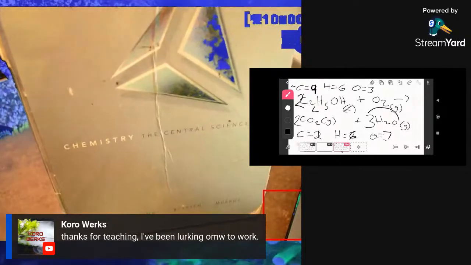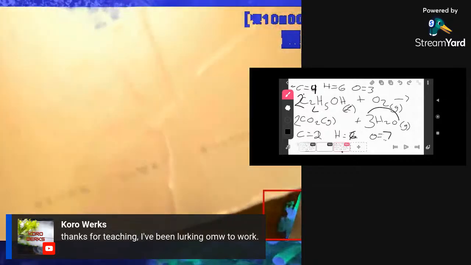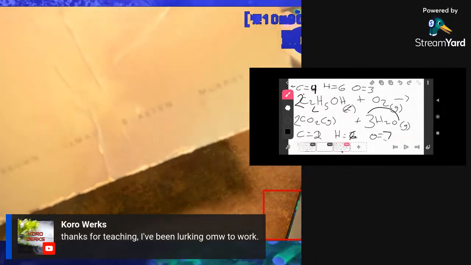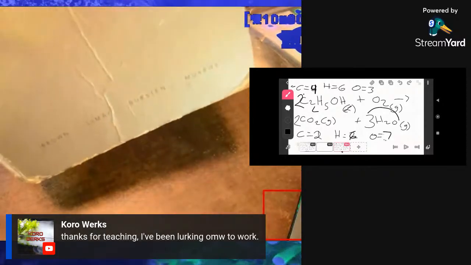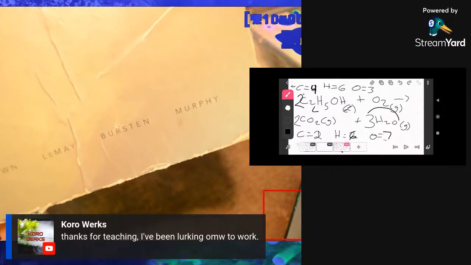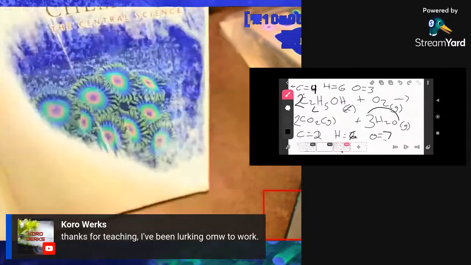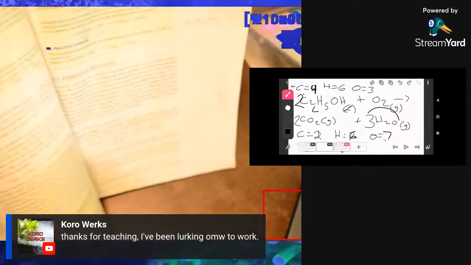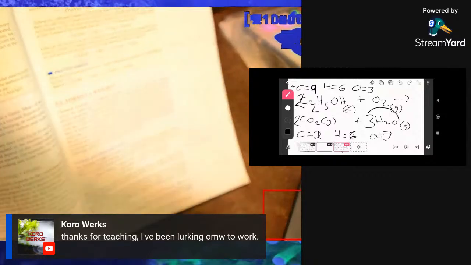It's called Chemistry, the Central Science by Brown, LeMay, Bernstein, and Murphy. It's the book from my university, so we're not doing high school chemistry right here.